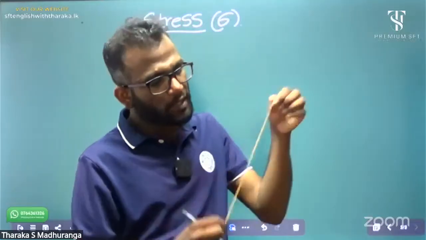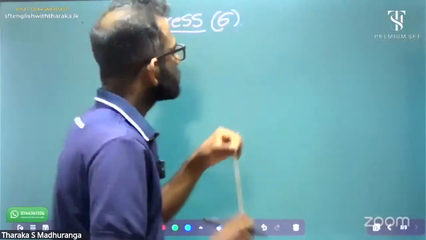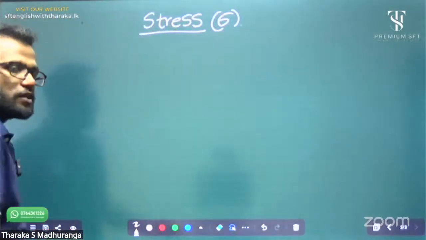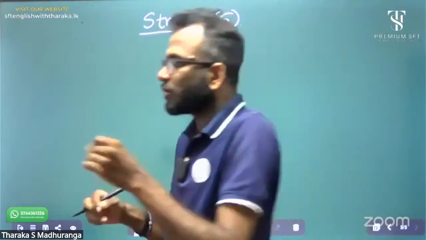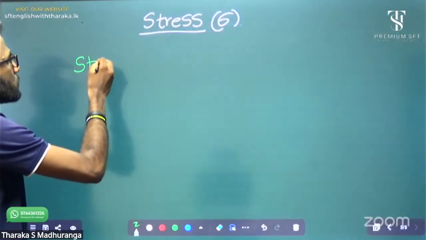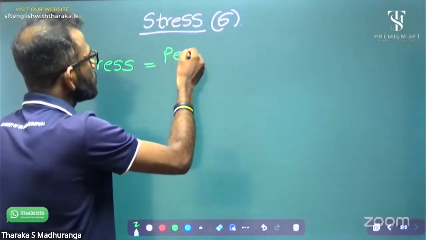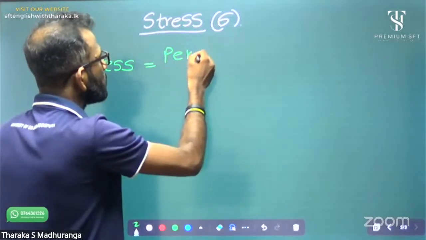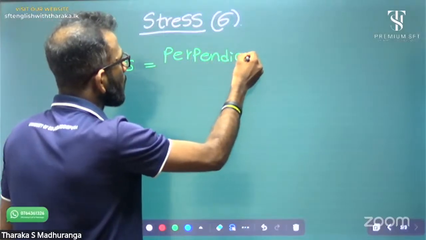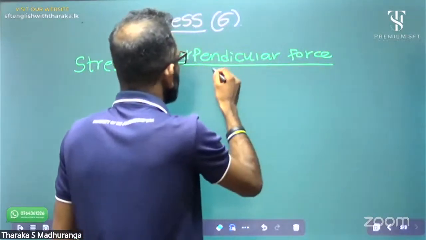If I apply a perpendicular force on a unit area like this, that's a stress, not a pressure. It is the same as pressure, but we call it stress. That is stress. The same definition, but the stress is on an elastic object. Then how do we calculate it? The stress equals the perpendicular force over area.